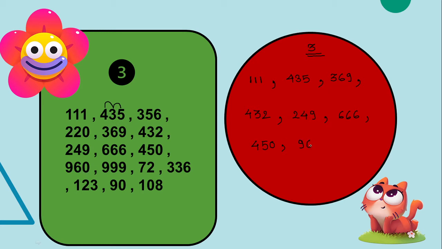So even 960 will come in basket number 3. Then 999. It will be 27. 27 comes in the table of 3. So let's write it down. 7 plus 2 is 9. So even 72 is going to come in the table of 3, or in basket 3.